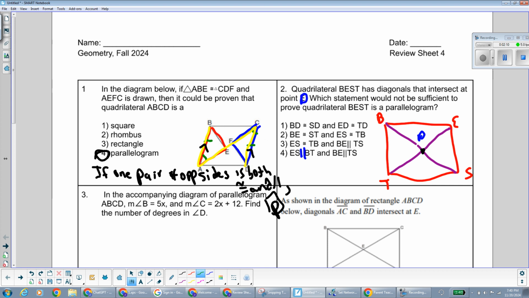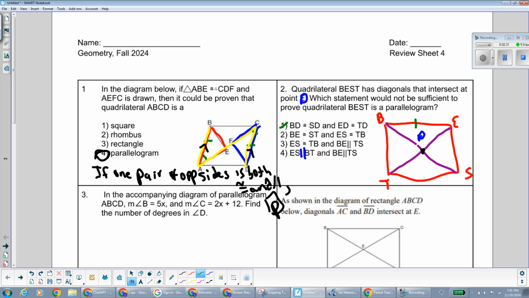So answer choice 1, BD is congruent to SD, and ED is congruent to TD. That does prove it's a parallelogram. If diagonals bisect each other, the quadrilateral is a parallelogram. So that does work.